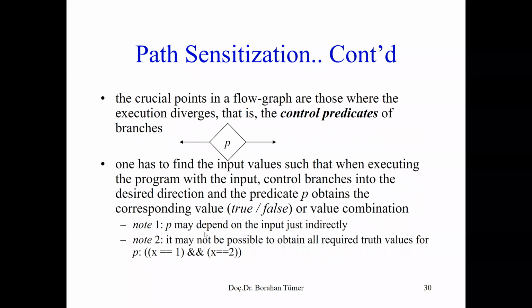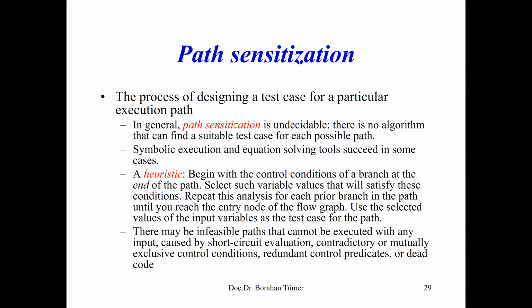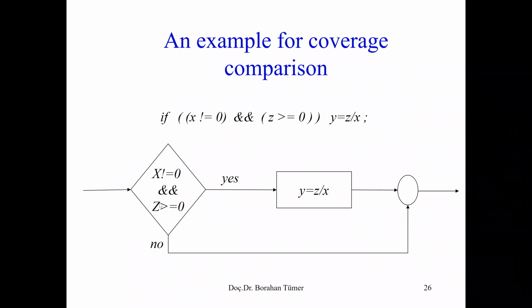Okay, and the crucial points in a flow graph are those where the execution diverges. Divergence points of execution are those points. For example, this point is where the execution diverges. That means the execution is separated into several paths. The execution goes into different paths.